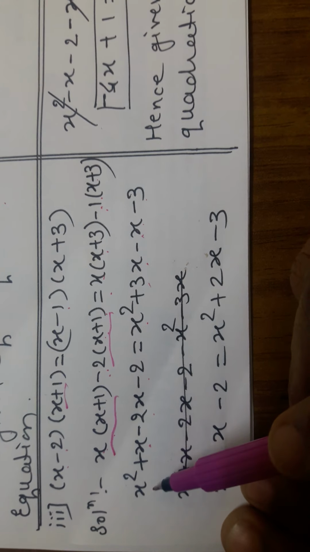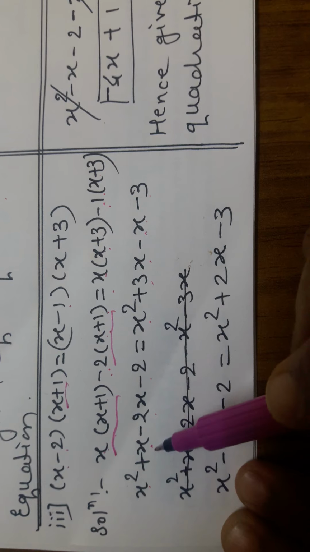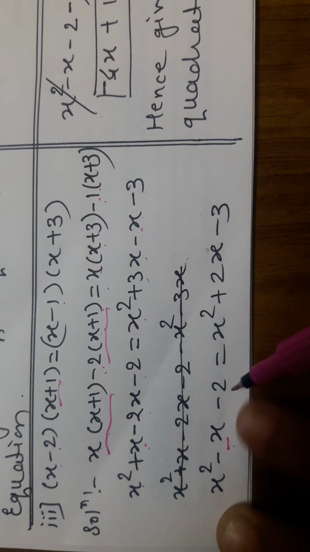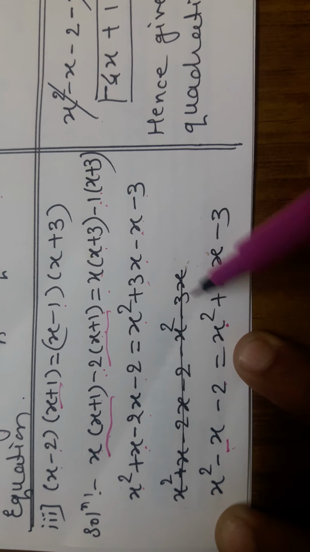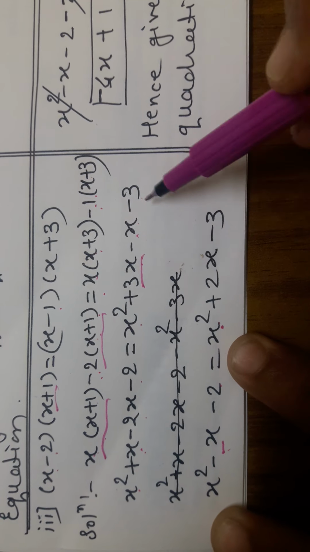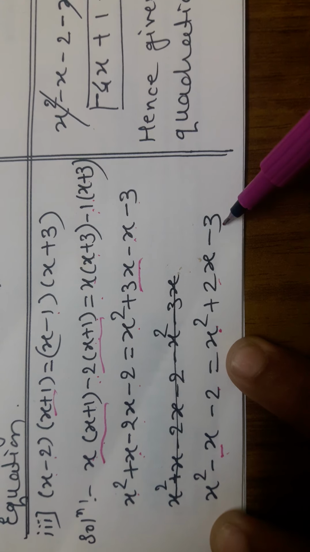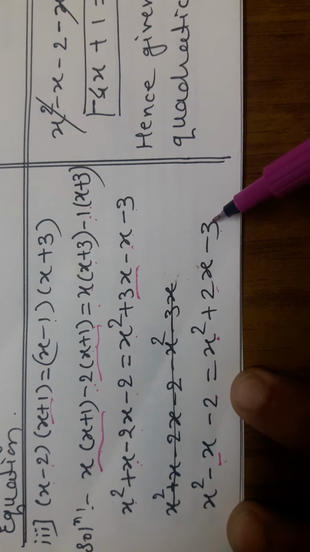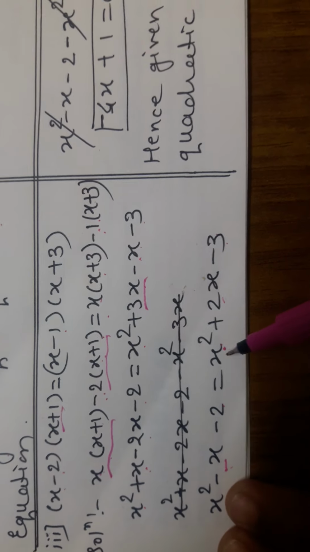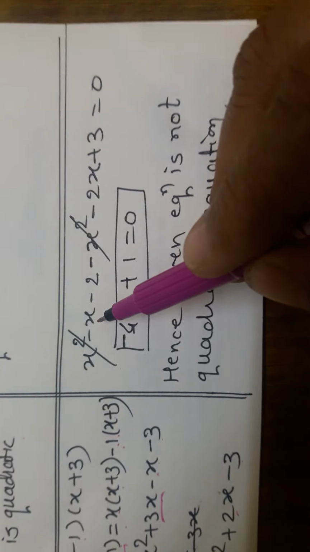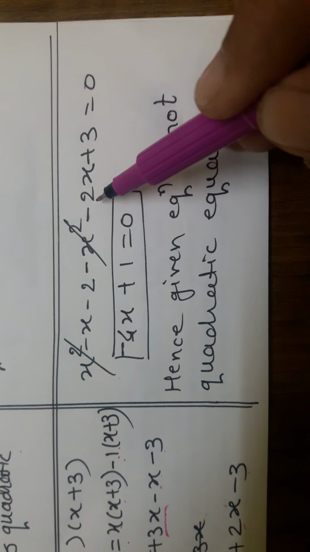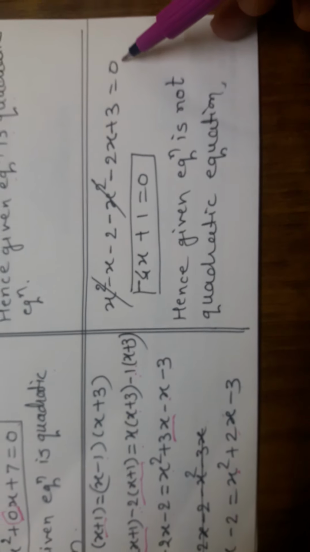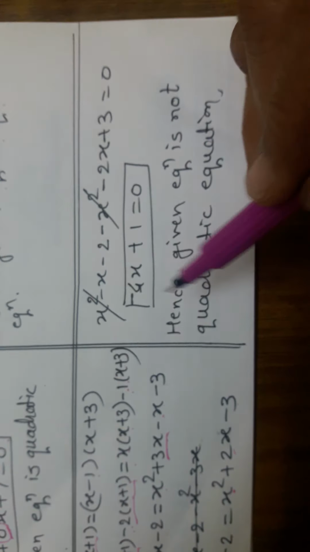So what we will do: x square plus x minus 2x means minus x, minus 2 is equal to x square, 3x minus x is nothing but plus 2x, minus 3. Now whatever right hand side terms there are we will shift to the left, so the sign is going to change. x square minus x minus 2 minus x square minus 2x plus 3 is equal to 0. x square will cancel.